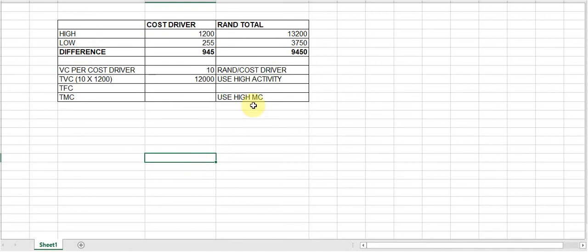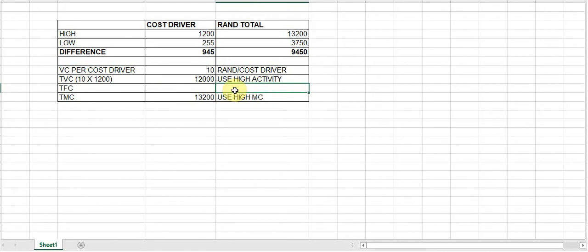Total mixed cost, I just need to use the highest mixed cost. So it should be the highest one of the two, which was 13,200.